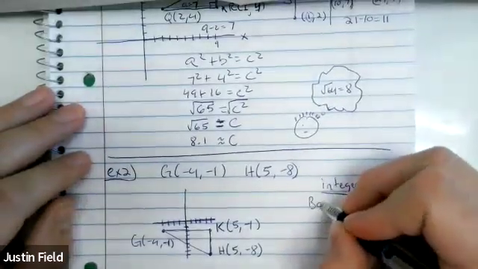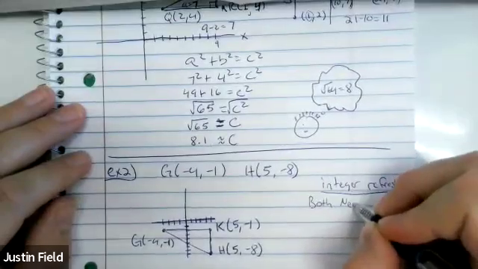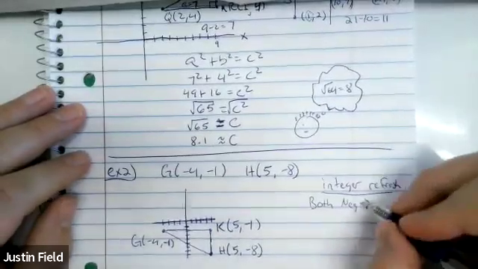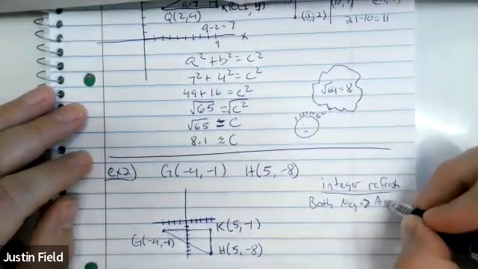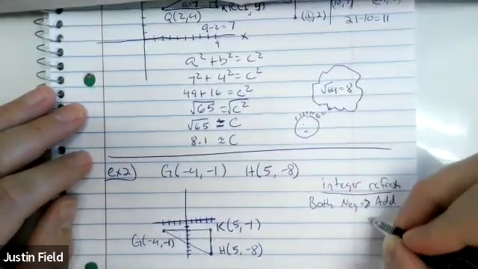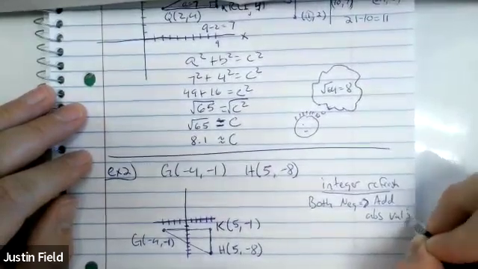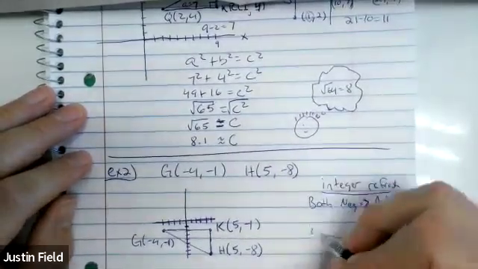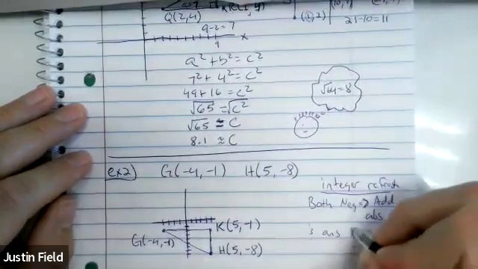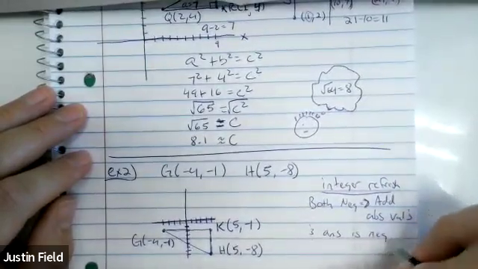If both are negative, what do we do? We add the absolute values, and the answer is negative.